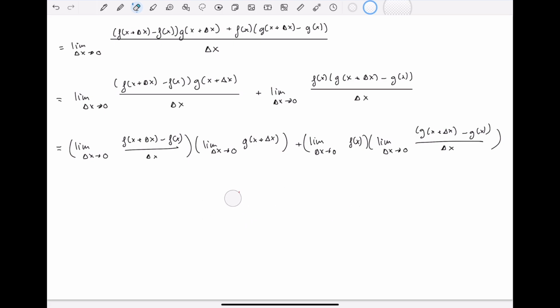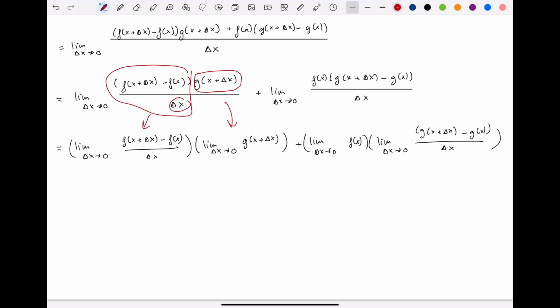And in this case, one of our variables is this fraction right here, and the other one is g of x plus delta x. So we have separated this, right? This and this like this. This is why we don't have the delta x in the denominator right here. That's the reason, because this is one fraction and this is the other. We have this as our first multiplier, and this is a second fraction in and of itself. Right, so let's carry on.